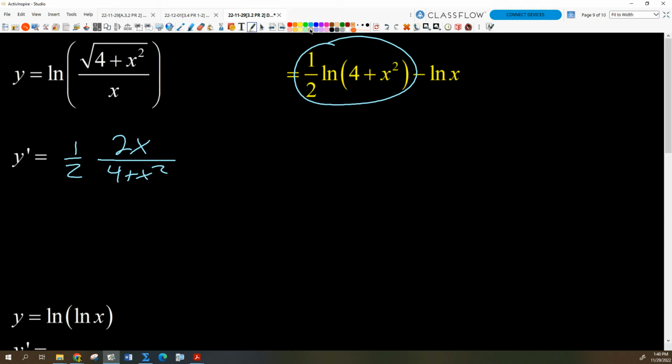Okay, what's the derivative of that second term? I'm going to get minus 1 over. There it is, right? And look, I could even cancel the 1/2 of the 2. That's no big deal, right?